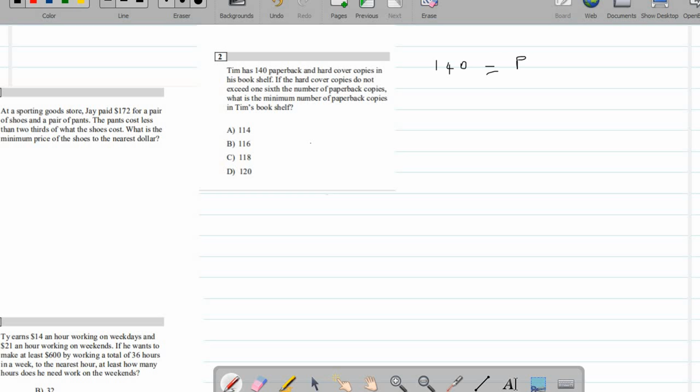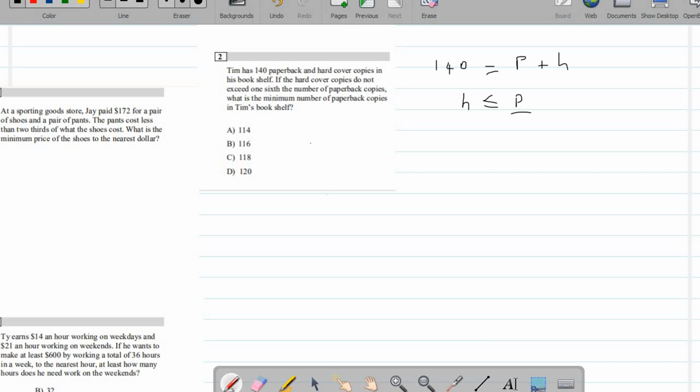So let's call paperback P and H for hardcover. If the hardcover copies do not exceed 1/6 the number of paperback copies, so H is less than or equal to P over 6.